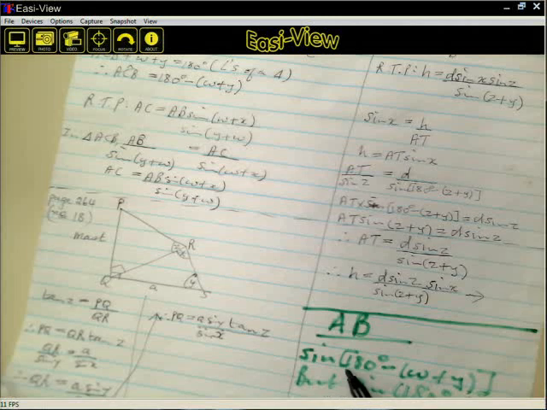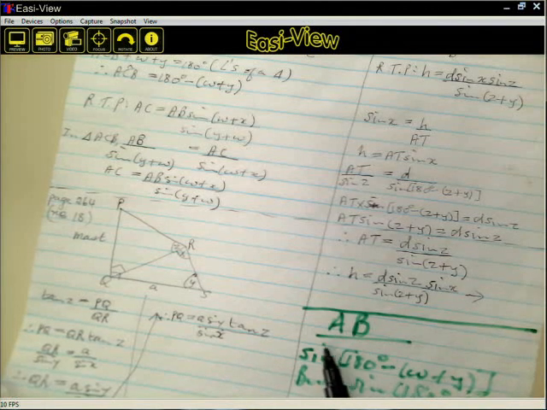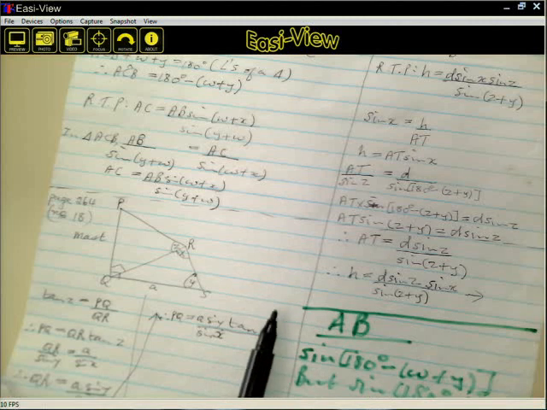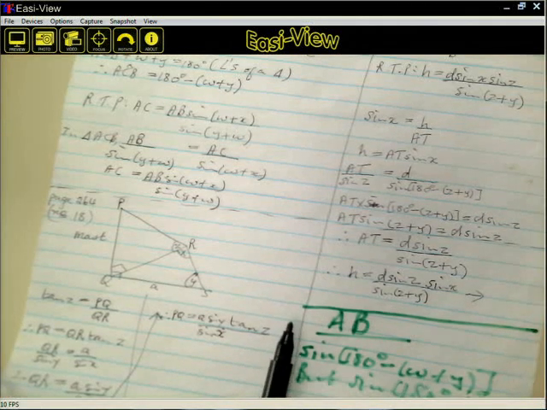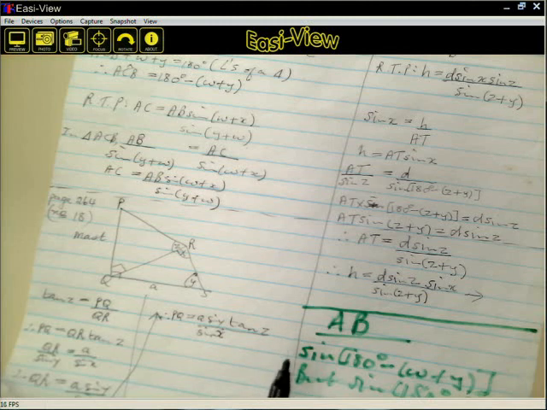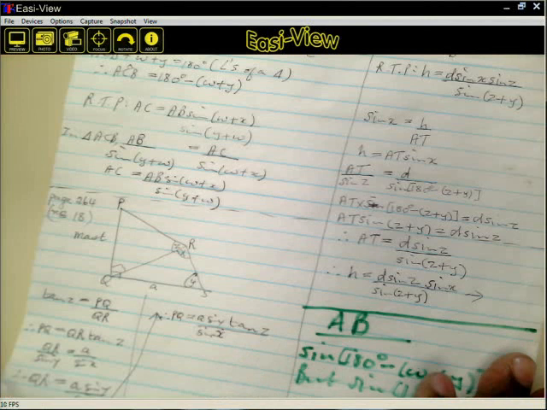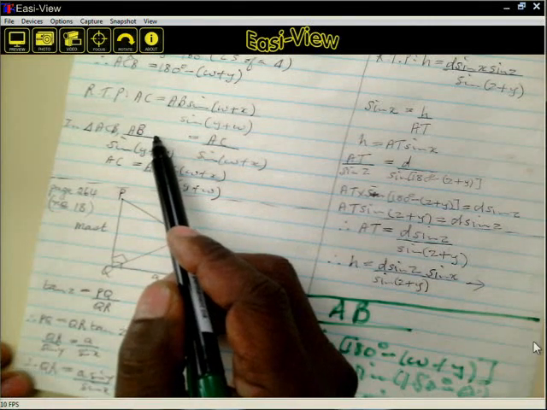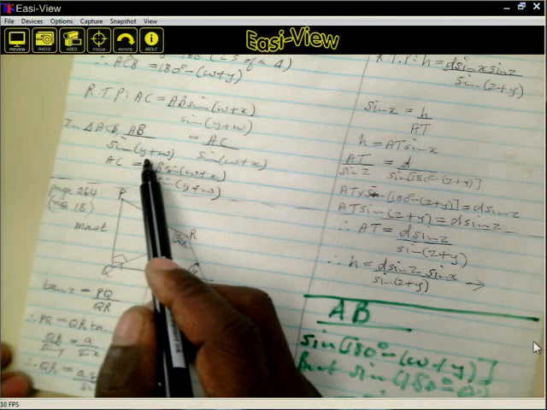It is actually AB over the sine of 180 minus (W plus Y), but this is the same as the sine of (W plus Y). I need to emphasize that 180 minus (W plus Y) is not equal to W plus Y. It is only their sines that are equal. So you involved AB here over the side opposite it.